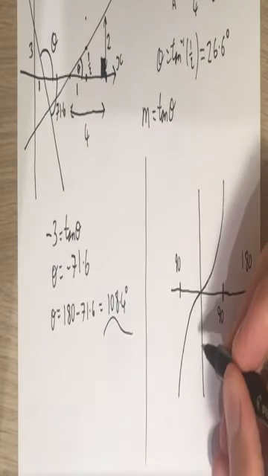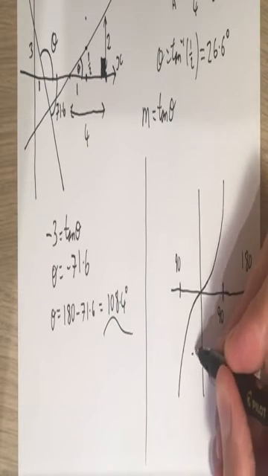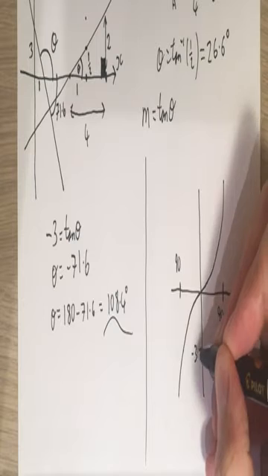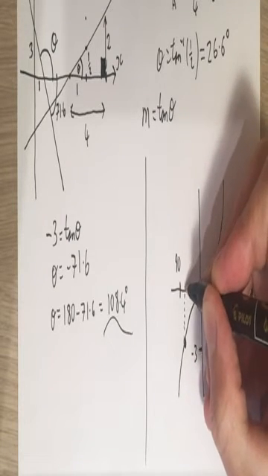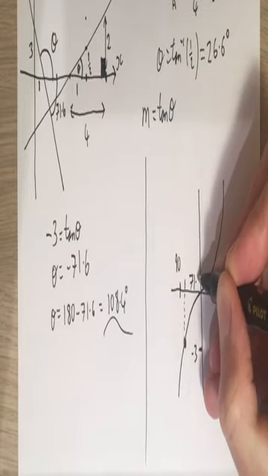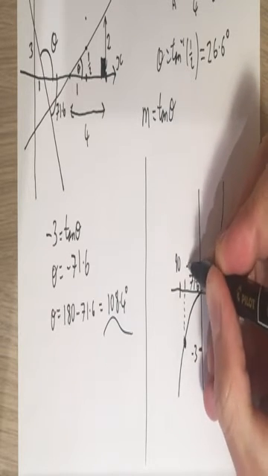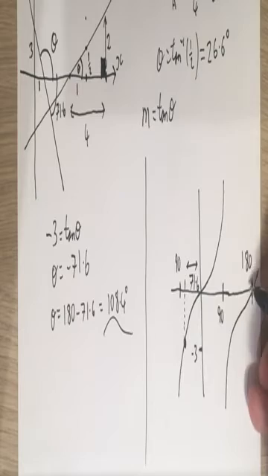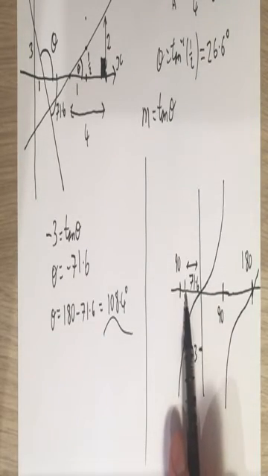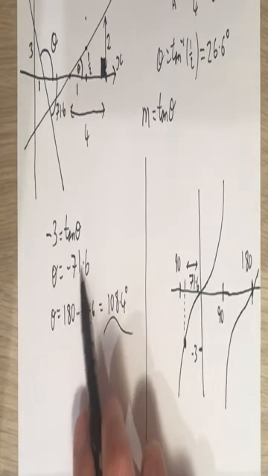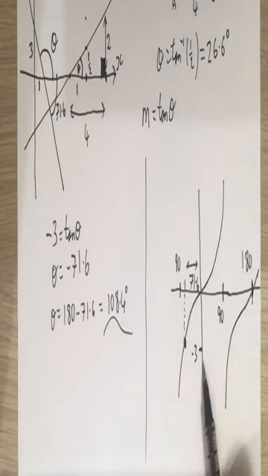So I'm finding out that minus 3 is somewhere here, say. And so I can go across at minus 3 to this point here, and I've found out that this is 71.6 degrees, that distance there, because this is the x-axis, and going negative 71.6 gives me the answer minus 3.